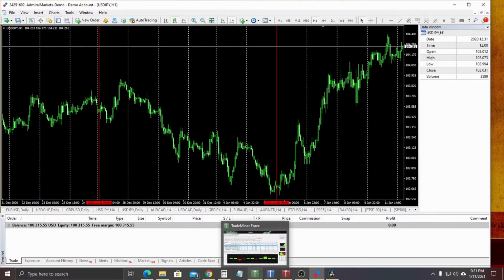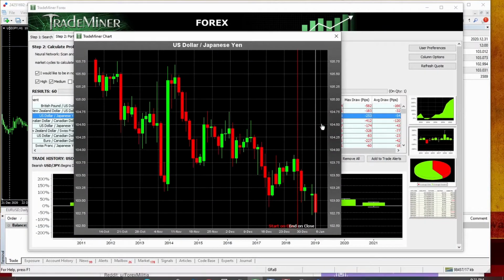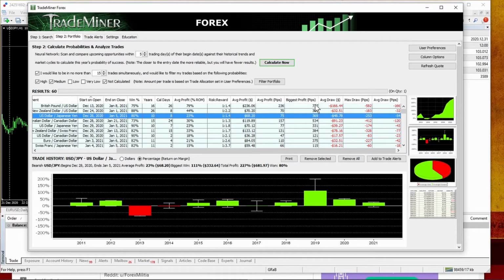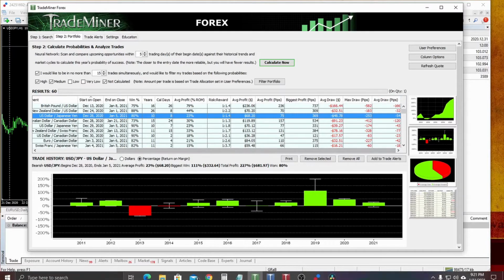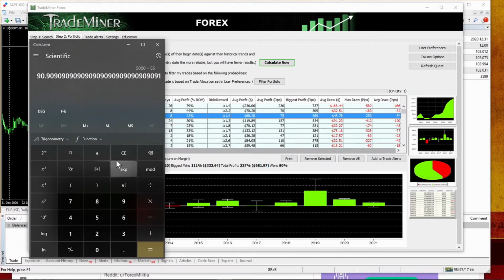So to give yourself an idea of where to put your stop, what I do is I look into the average drawdown with the average pips, right? And then I find how much it actually is, and I take the max draw plus the average pips, put that into my calculator, and then I divide by 2.